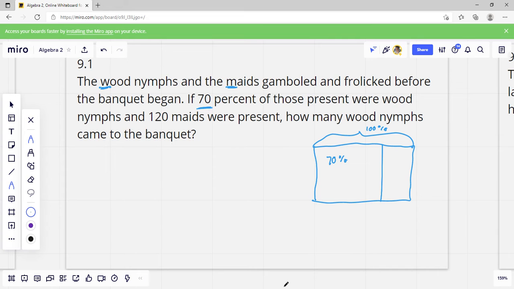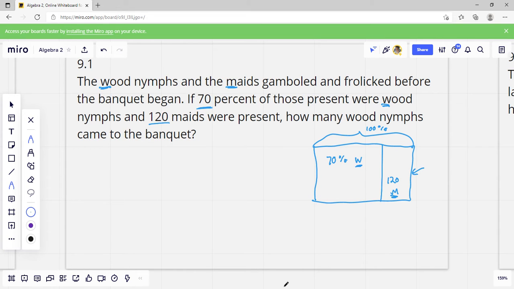And 70% of those present were wood nymphs, so the 70 is our wood nymphs. And 120 maids were there. So that's 120 is our M, right? So we've got wood nymphs and our maids. There's 120 maids. 70% of them were wood nymphs. How many wood nymphs came to the banquet?